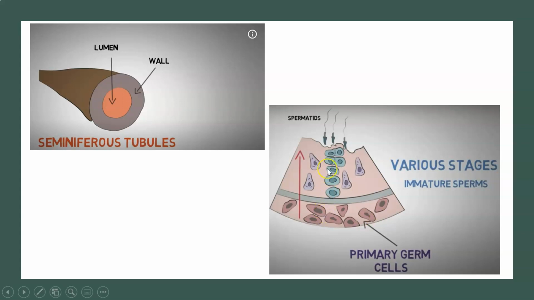And then they're going to go through various stages of immature cells until we get to an immature sperm cell. On the outside of the wall, there are always going to be our primary germ cells, or our diploid cells. And then as we move towards the lumen, towards the inside of the seminiferous tubules, that's when we're going to end up getting the immature sperm cells being made.